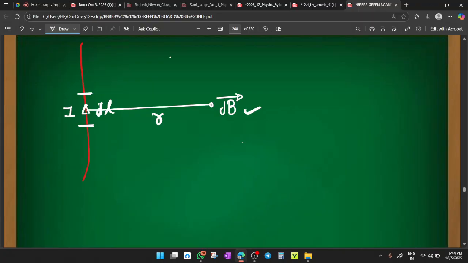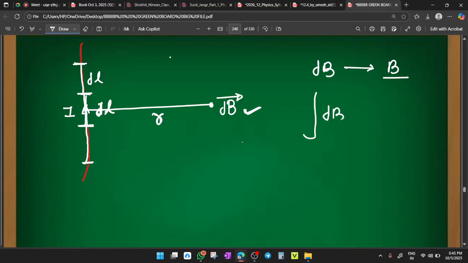Okay. Now this wire is supposed to be a combination of numerous dl's. Yes or no? So what is the technique to calculate all the magnetic field from dB to B? How can you get dB to B?